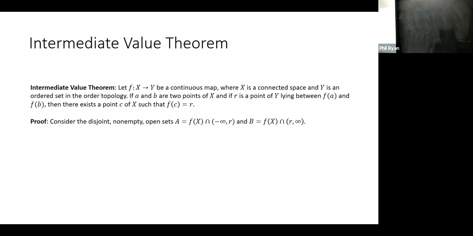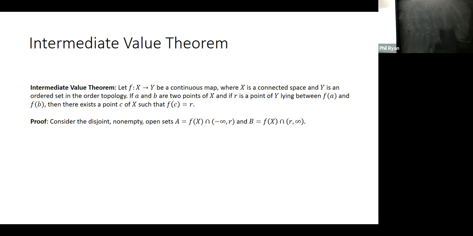Okay, so straight away we can see that they're disjoint because we've done that. Straight away we can see that they're non-empty, right? Because F of A is in this set and F of B is in this set. They're open in the image, right?